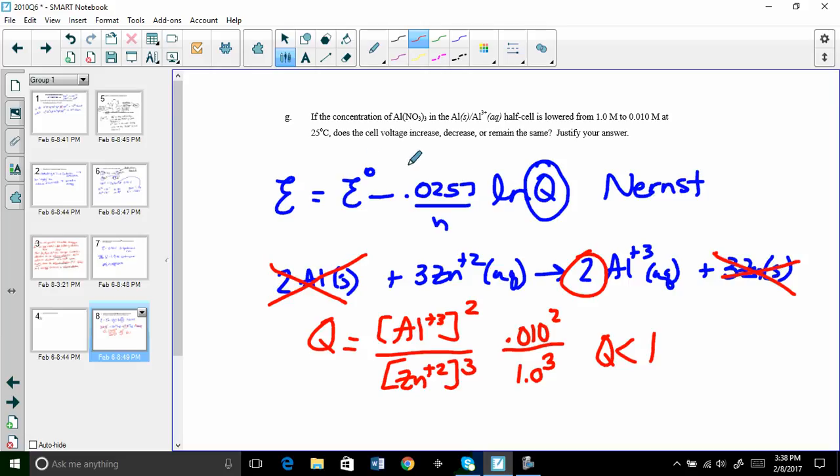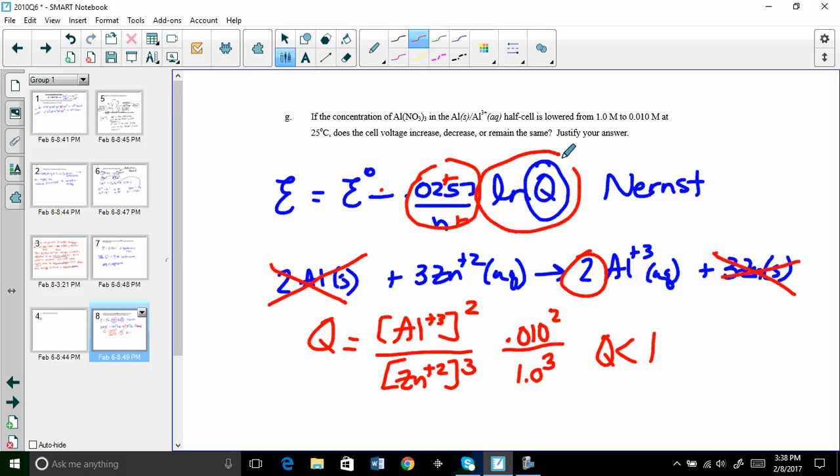So I'm going to think of this as subtract. So 0.0257 is positive. N is the number of electrons transferred, which is 6. This is positive.